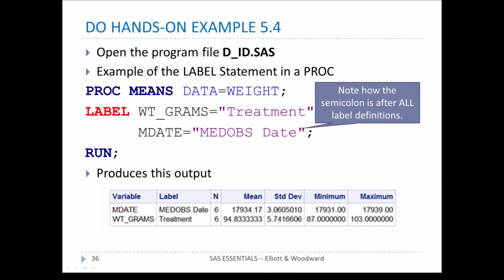5.4. Open up d_id.sas. You probably already have it open. And we're going to change the code around a little bit. This time we're going to do PROC MEANS data weight label weight_grams equal treatment, and then mdate equal med obs date. So we're creating two labels there.